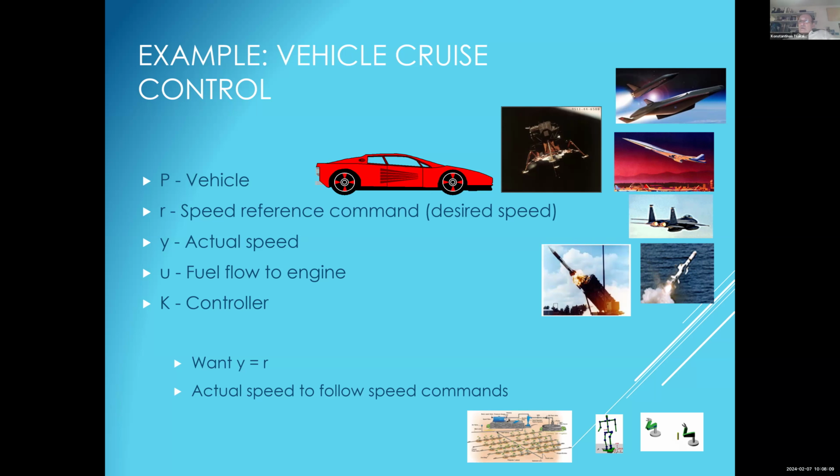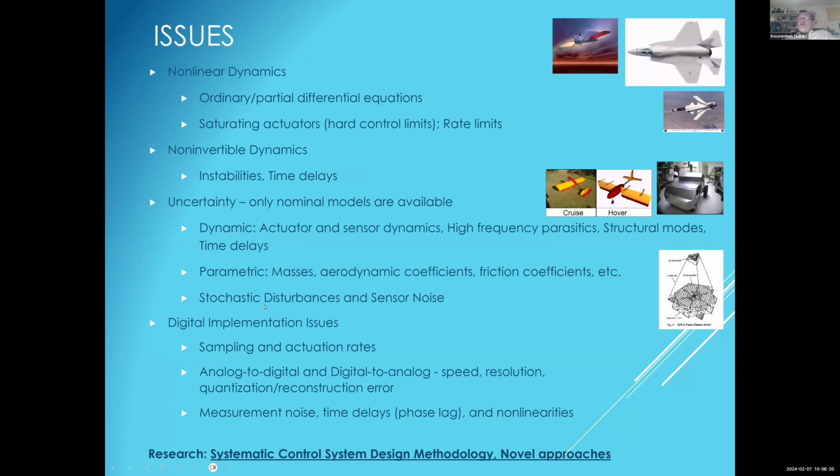And more recently, we look at a lot more applications in robotic mechanisms and so on. So we'll talk a little bit more about different areas of applications. I did mention the main issues in the control problem. We have models that can be quite complicated.